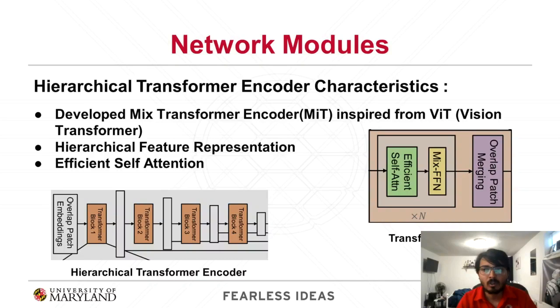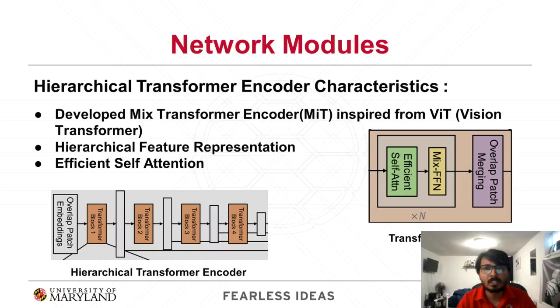It is an encoder of the transformer, inspired by the encoder part of the Vision Transformer, but with quite a few changes. One such change is that they use hierarchical feature representation.